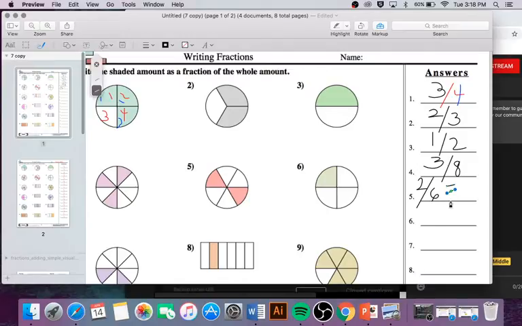We look at 2 and we look at 6, and our greatest common factor that could go into both of them is 2. 2 divided by 2 is 1. And 6 divided by 2 is 3. So our fraction in lowest terms would be 1/3.